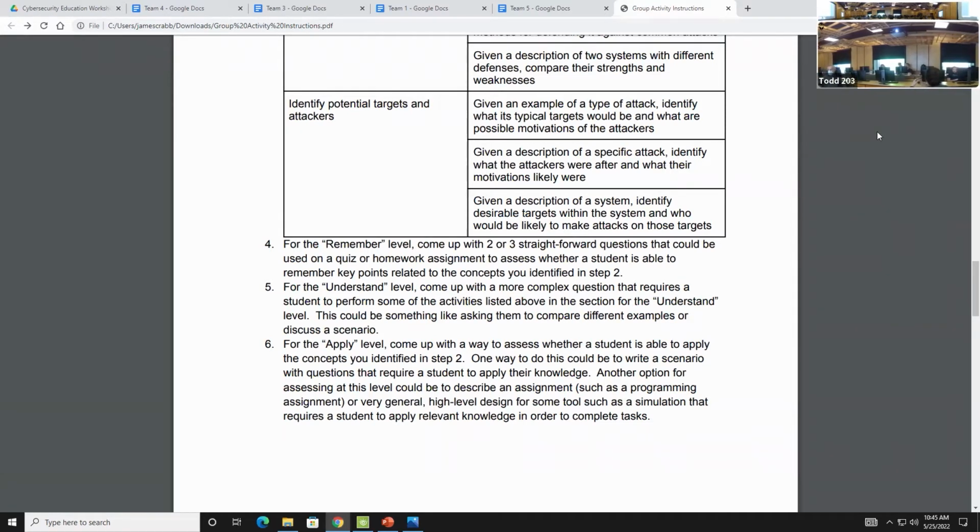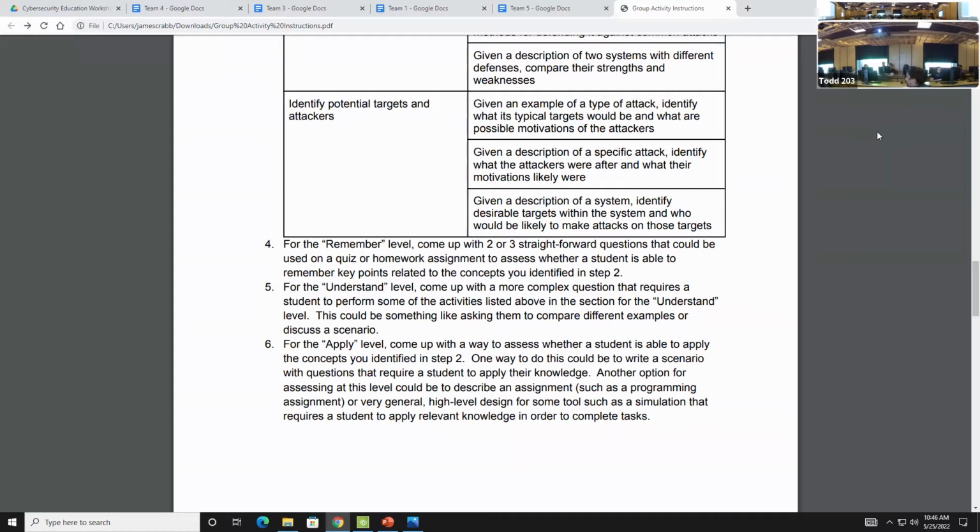An appropriate question at the remember level is going to have a simple answer, like what is this, or list a couple of types of these, with pretty simple, short answers. And then once we get up to the apply level, we'll start having the longer answers that require you to provide a bit of interpretation along with the answer.